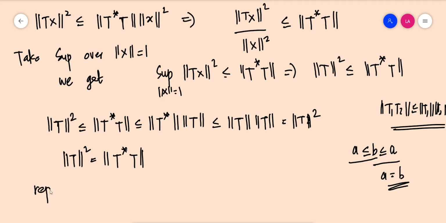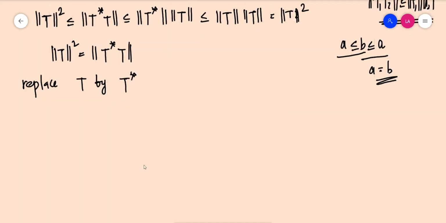Now replace T by T star. We get norm of T star the whole squared should be equal to norm of T star the whole star times T star.